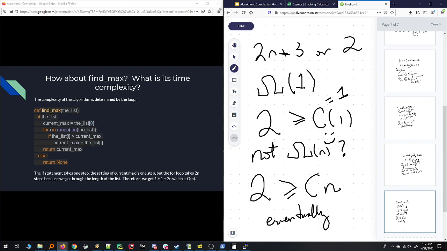And the problem is, whatever constant we pick, even if we pick a constant of 1 over 1,000,000, if we pick n to be, say, 5,000,000, then we see the problem, right?